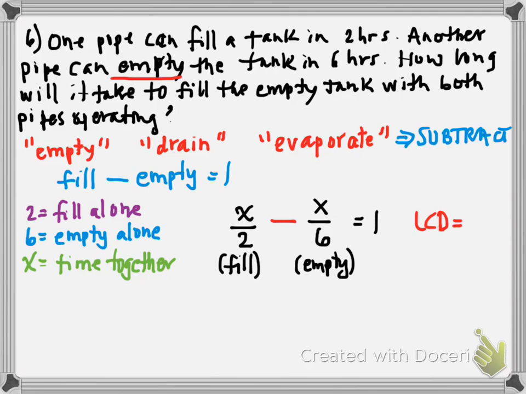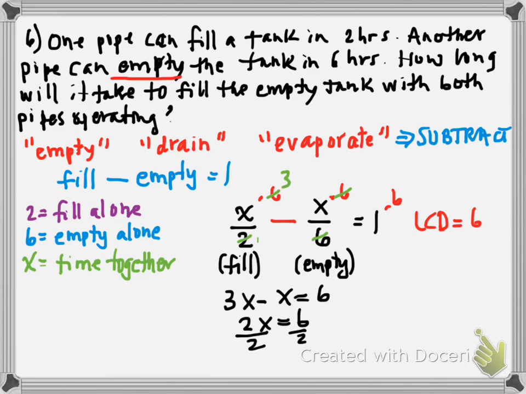LCD of 2 and 6 is 6, so we're going to multiply everything by 6. 2 goes into itself evenly and into 6 3 times, and the 6's cancel out, and here's what you're left with. 3 times x minus x equals 6. 2x equals 6. Divide by 2.